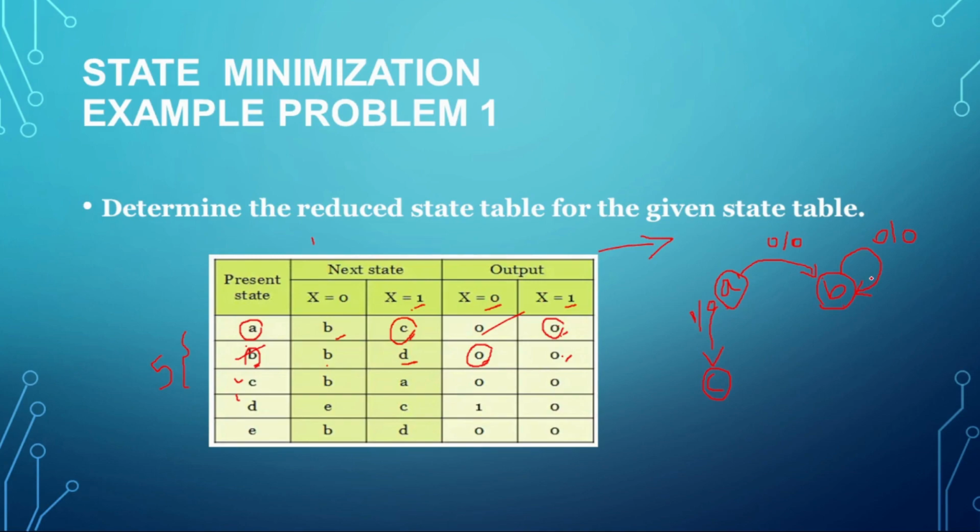Okay. Afterwards, when input is equal to 1, what will be the next state of B? That is D. So we need to draw the D here. And what will be the output of B when input is equal to 1? See here, it is given as 0.